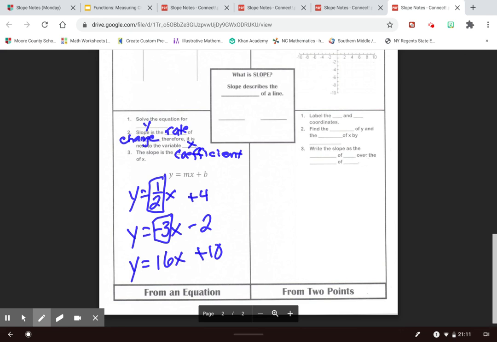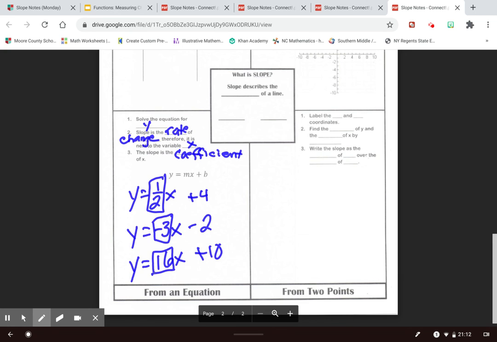So y equals 16x plus 10. Same thing, my slope or my rate of change there is going to be 16. So in the linear function, slope and rate of change are used interchangeably. So if you hear one term used, you know exactly what we're talking about when we use both terms.